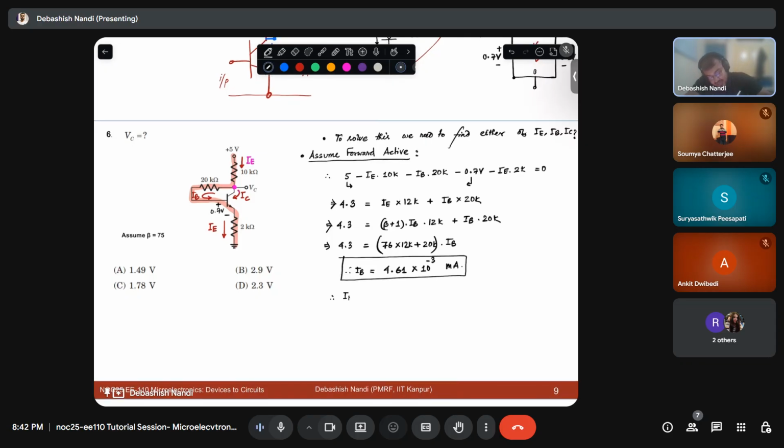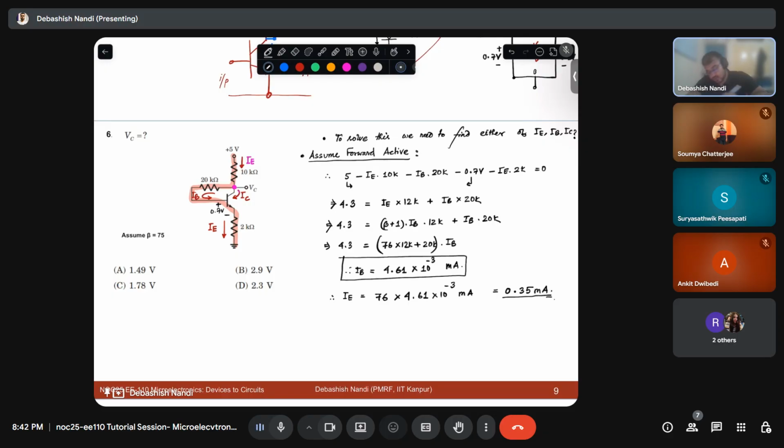So what is my IE? IE is nothing but 76 times this. So this into 76 will give me 0.35 milliampere.